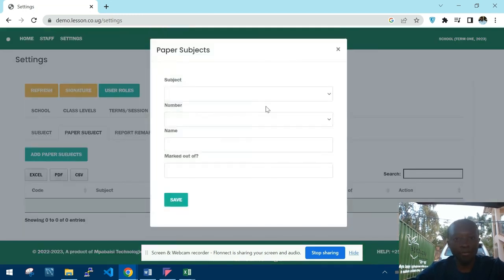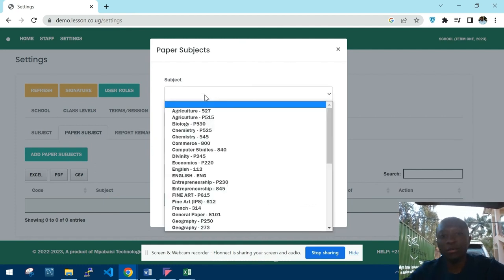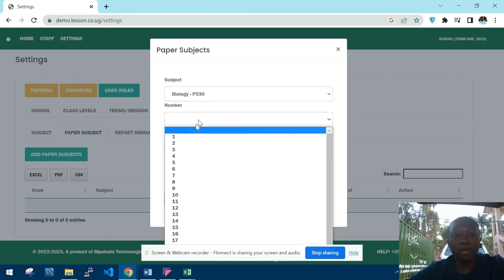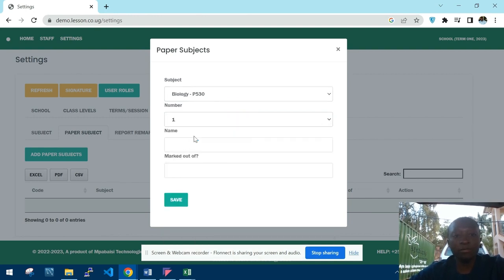So to do papers, you click on add paper subjects, then you select the subject for which you are adding the paper, for example biology, and you say paper 1. You can give it a name, for example paper 1, or the name of that paper.